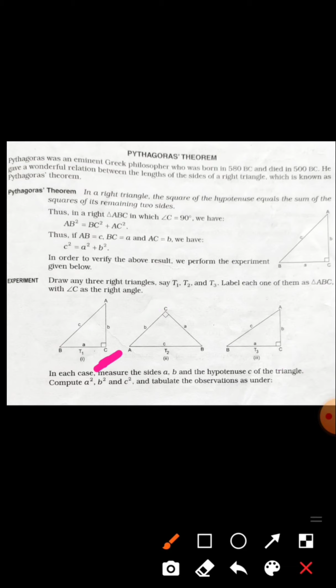So in each case, measure the sides a, b, c. C is the hypotenuse in all three triangles. So we will measure all these. This table is given to you. You will write the values of a, b, c and a square, b square, and c square, and also you will find a square plus b square, means you will find the sum of a square and b square here. The first line is for T1, means for the first triangle only.